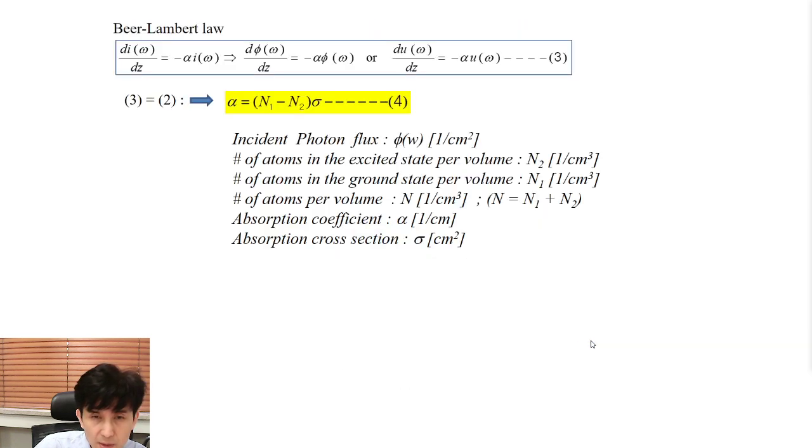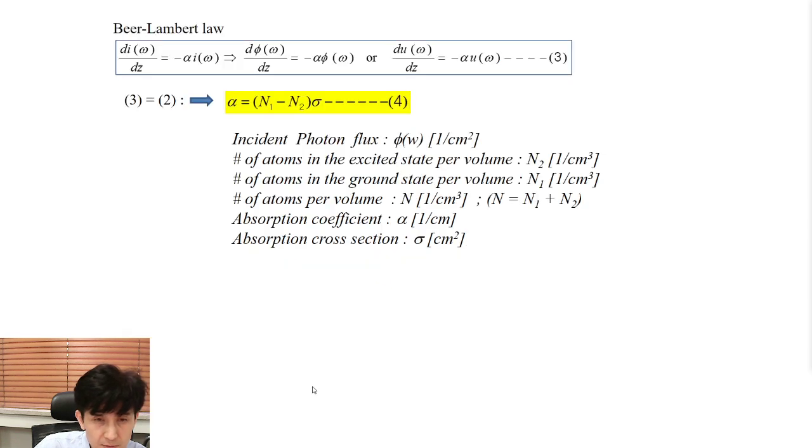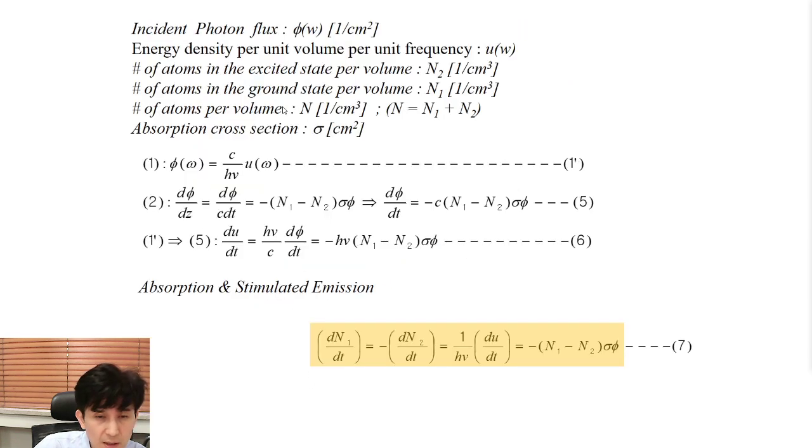So equation 5, sorry, not equation 2, equation 5 describes the variation of the photon flux. Similarly, we have an equation for the variation of excited state atoms or ground state atoms per second.